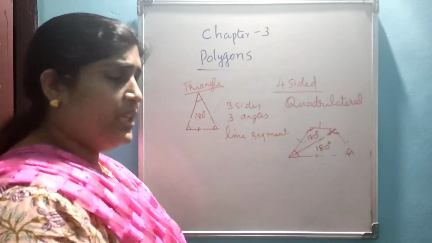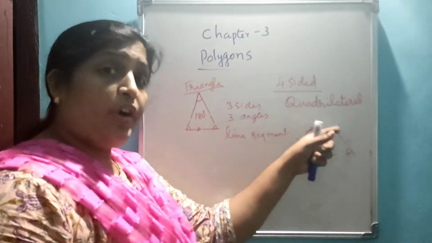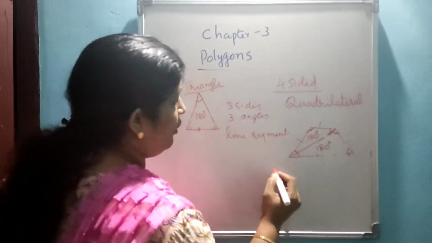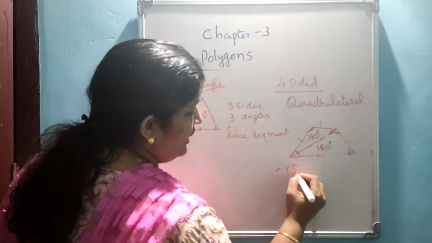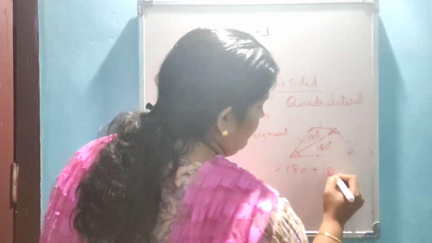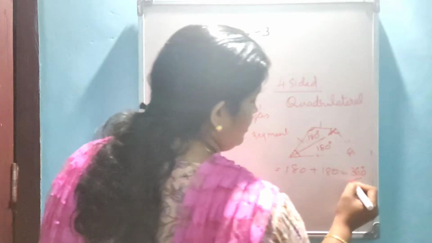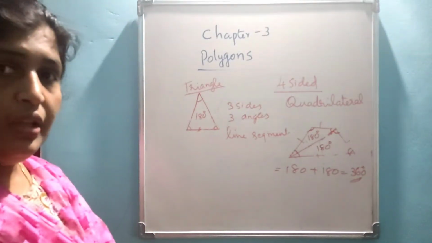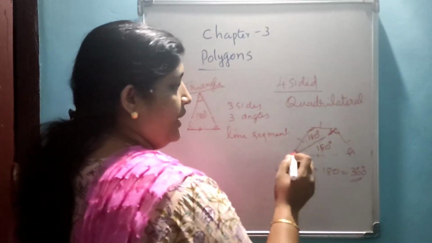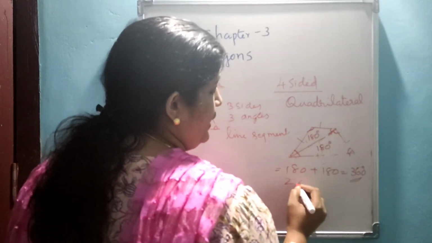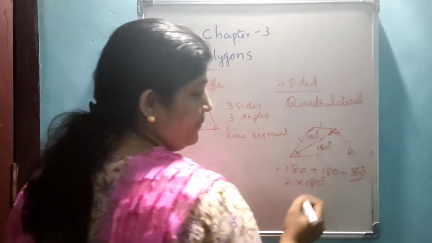Then what will be the sum of angles of the quadrilateral? It is 180 plus 180, which is equal to 360 degrees. So this is 2 180s.